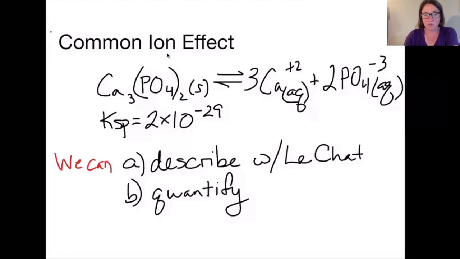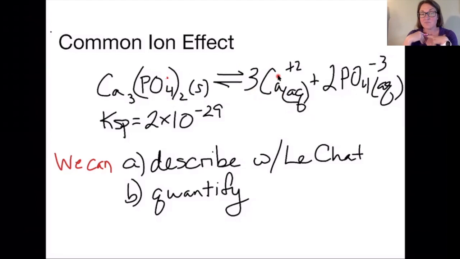So for example, we have this reaction, which is the dissolving of calcium phosphate into calcium ions and phosphate ions. If we have a solution that's already at saturation, it means these two things, the calcium and the phosphate, have already been maxed out, and as much of this that could dissolve already did.